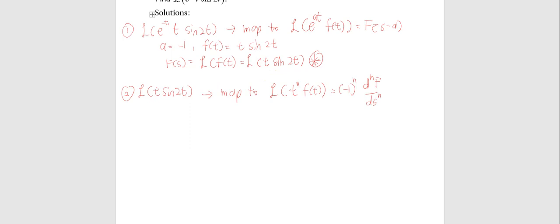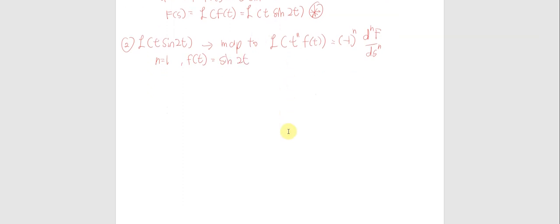In this case, your n is equal to 1, meaning that we only need to differentiate one time only. So f(t) equals sin 2t.